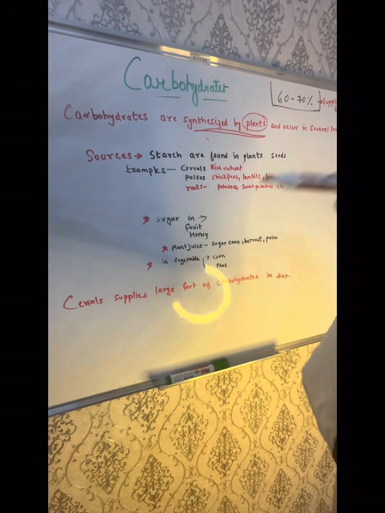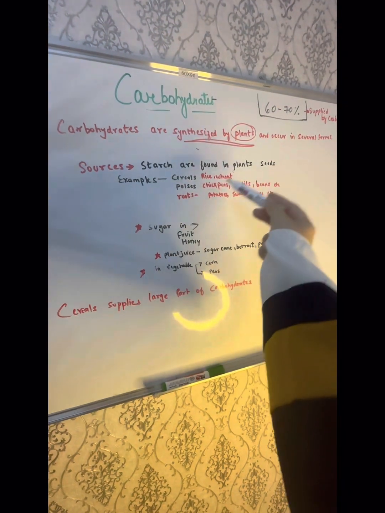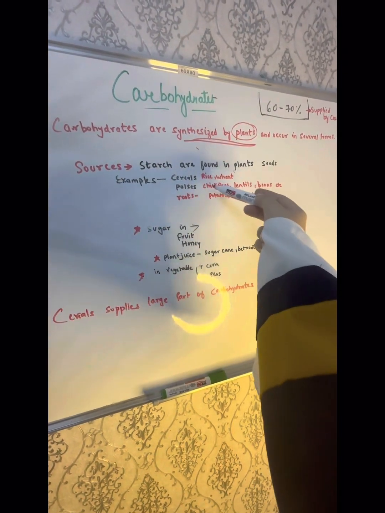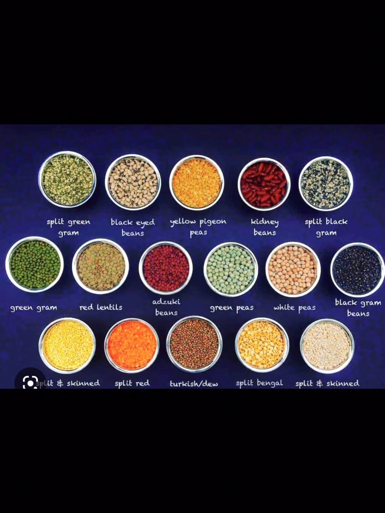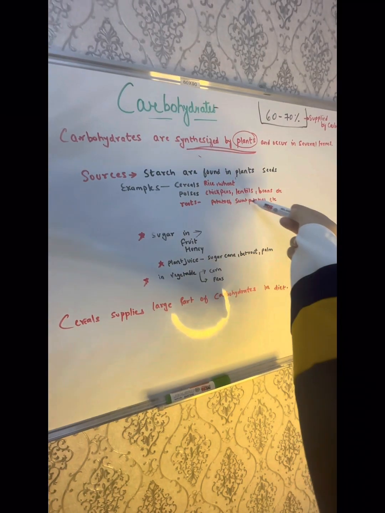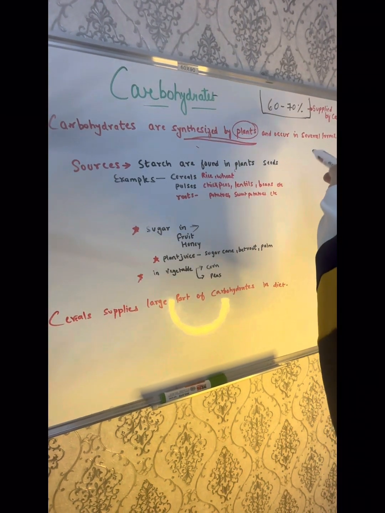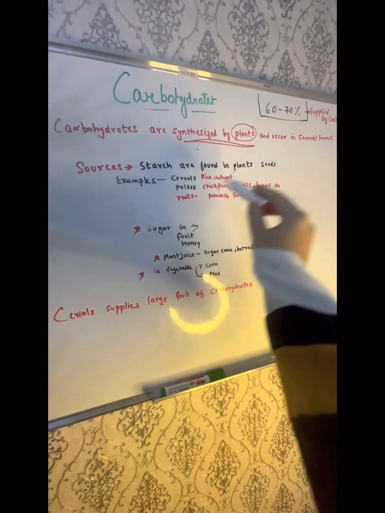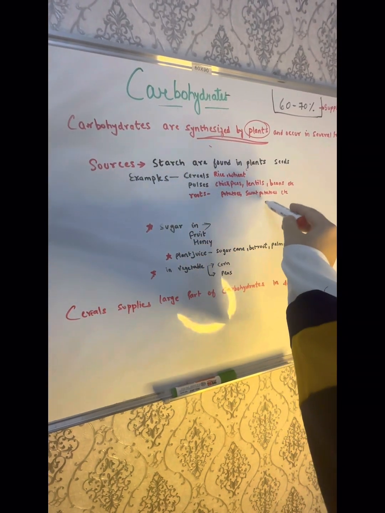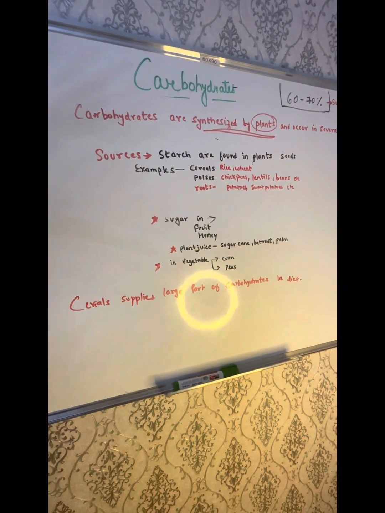Rice: puffed rice, normal rice, brown rice. It includes pulses, all the pulses: chickpeas, peas, lentils, beans, etc. Beans means kidney beans or any other beans. Roots: potato, sweet potato, etc. These are the examples of roots.